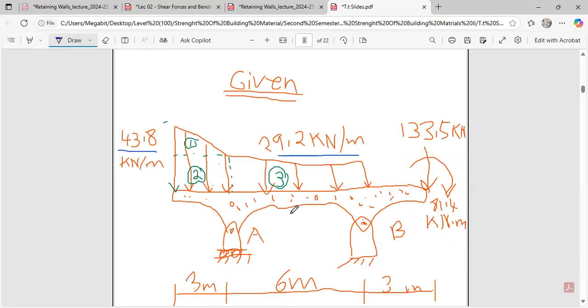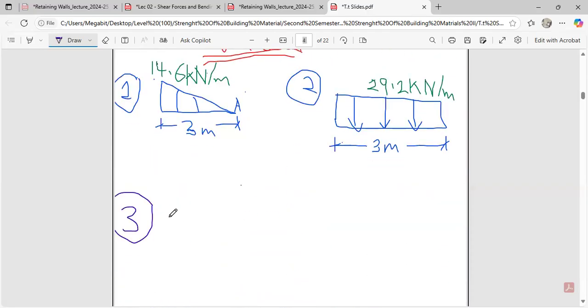So in our section 3, this is how it's going to look like. It's also a UDL.